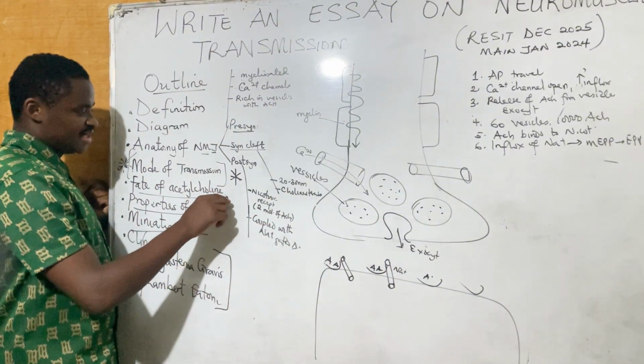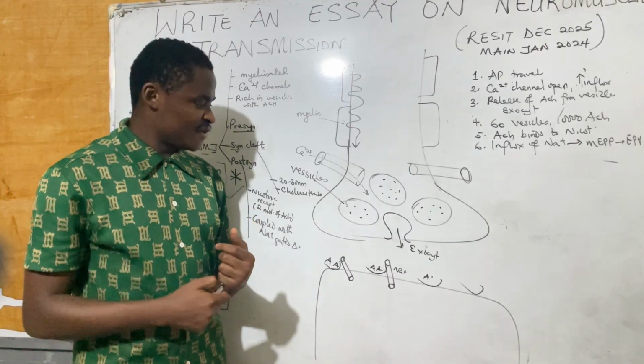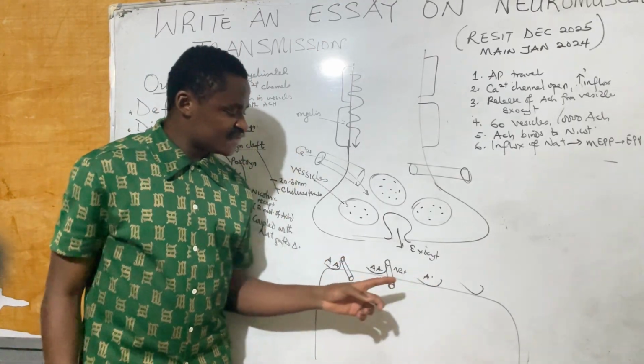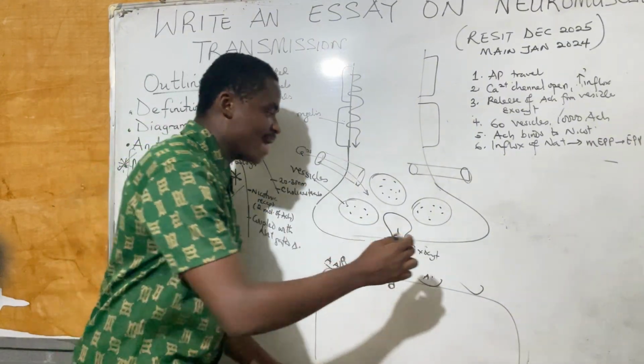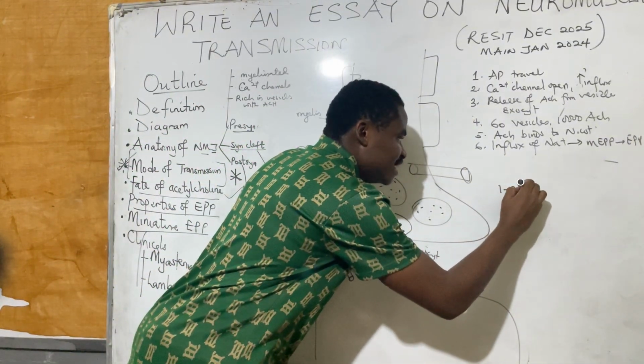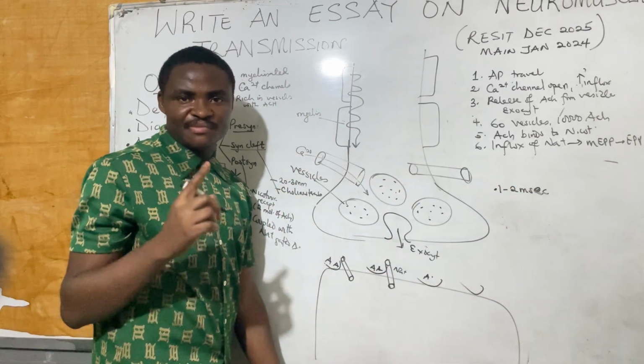Now, the next thing is the fate of acetylcholine. I really do hope you are following me. For the fate of acetylcholine, first things first, you say that acetylcholine only spends about 1 to 2 milliseconds in that cleft. That's number one.